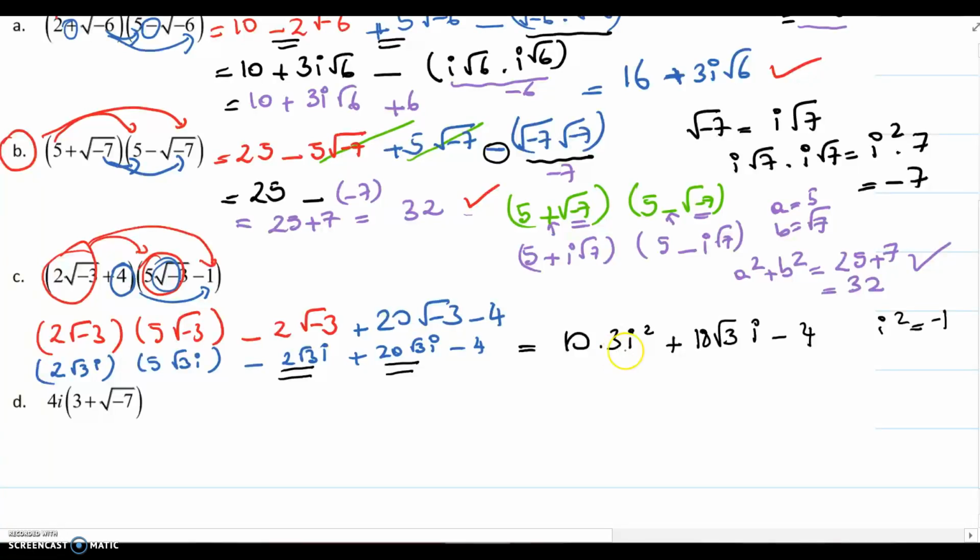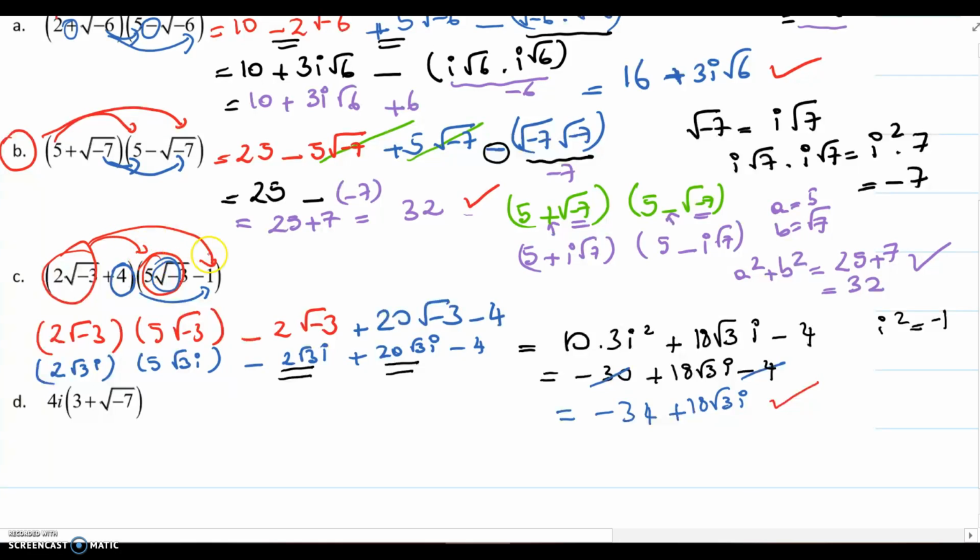Right, so this will be negative 30 plus 18 square root of 3i minus 4. So then negative 34 plus 18 square root of 3i. Bam, done. So this is a little bit complicated, but same thing, we're done.